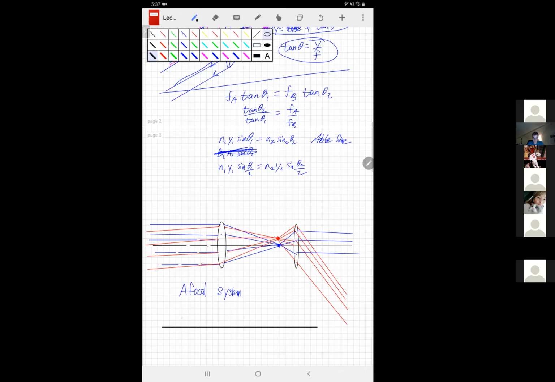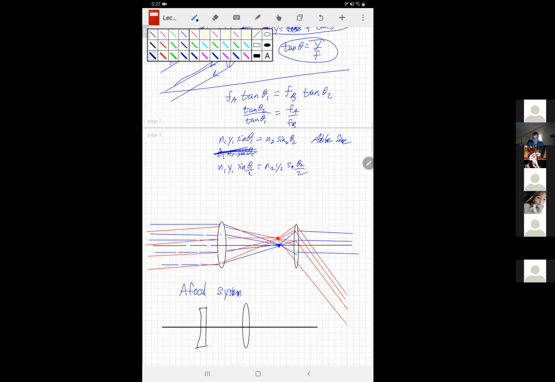Okay. We had a lens over here, and then we had another lens that was a diverging lens.